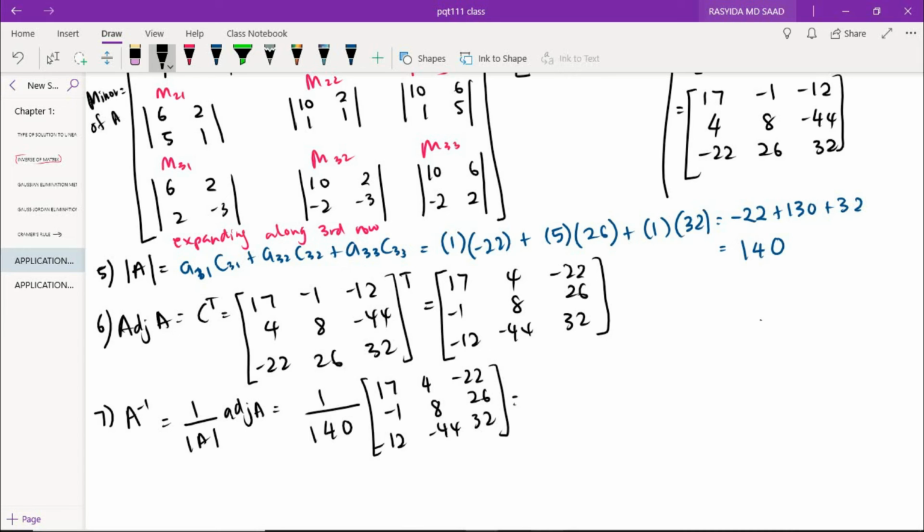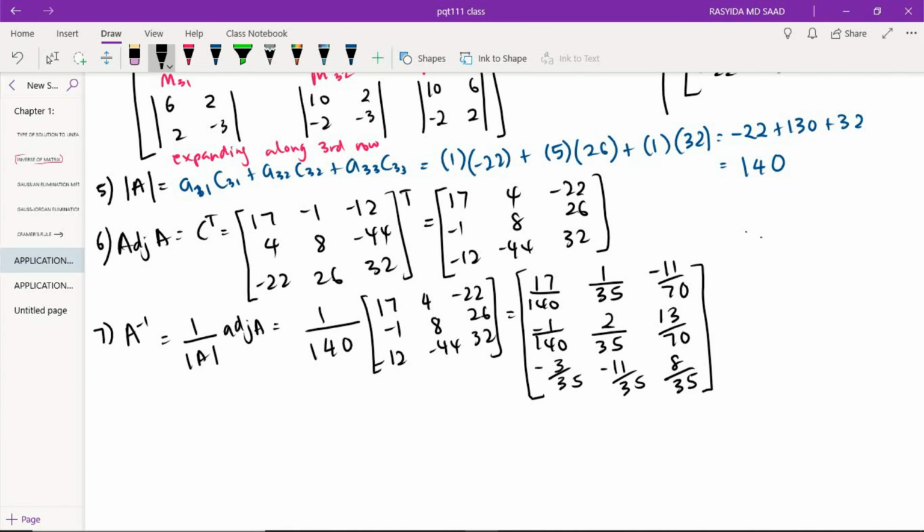Oh, you need to use your calculator for this one. So try to use the calculator to get the value. By using your calculator, you will get this value. Okay.